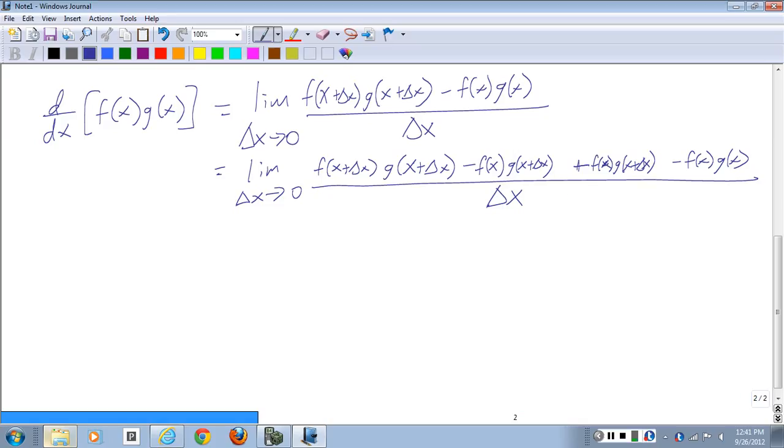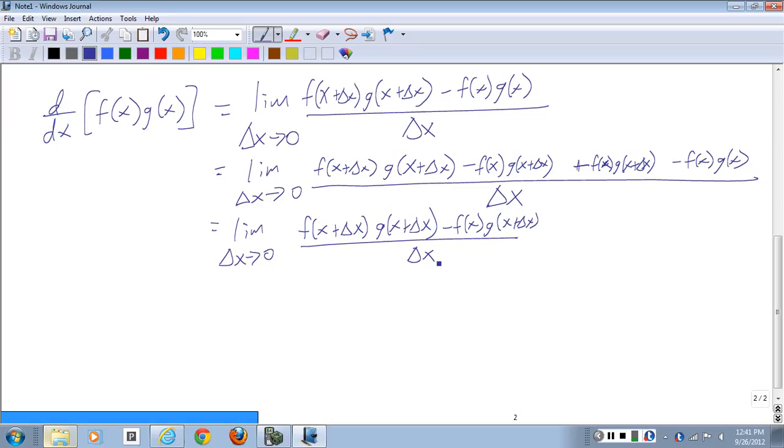But what I can do is write this as two separate fractions. This is the limit as delta x approaches 0 of f of x plus delta x times g of x plus delta x minus f of x g of x plus delta x, all over delta x.